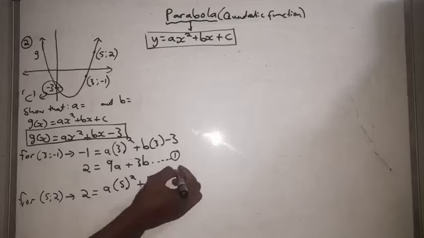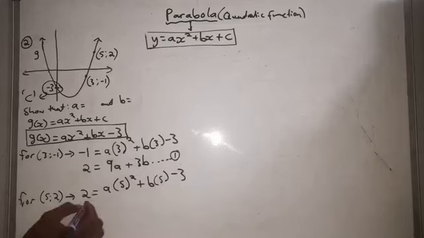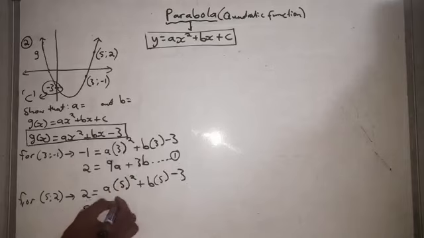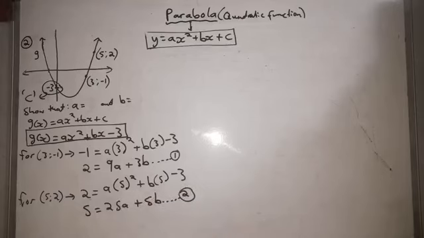I'm going to take the negative 3 to the side again. It's going to be 5 equals 25a plus 5b. That is equation number 2.